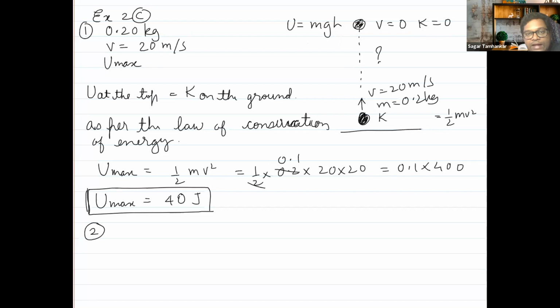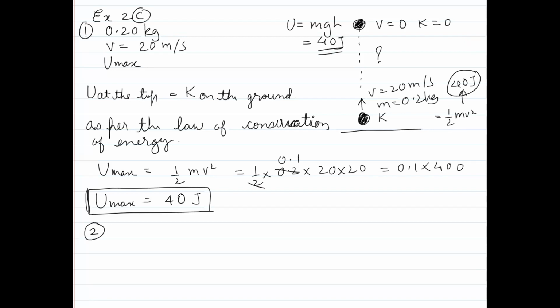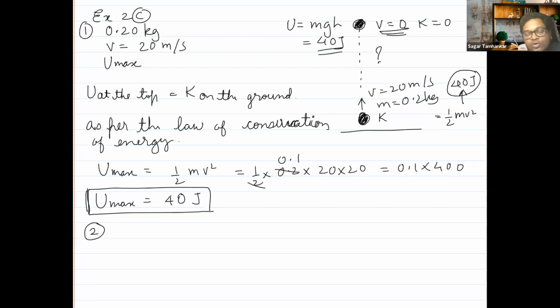That kinetic energy is half mv square and that is equal to 40 joules. Now when the ball reaches the maximum height, assuming the law of conservation of energy and no energy is lost to some other thing, this 40 joule will be converted to potential energy.